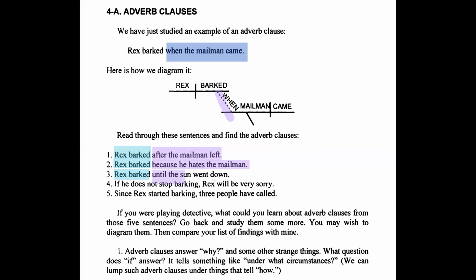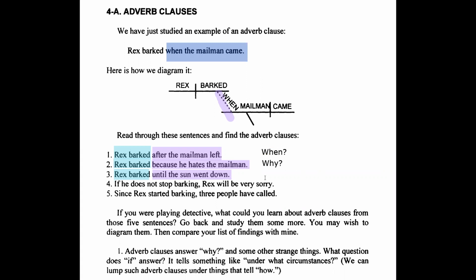Now, what question does because he hates the mailman and until the sun went down answer? Because he hates the mailman is obviously answering why. Why is it that he barked? Because he hates the mailman. We already said after the mailman left was when. But what about the third one? Until the sun went down.